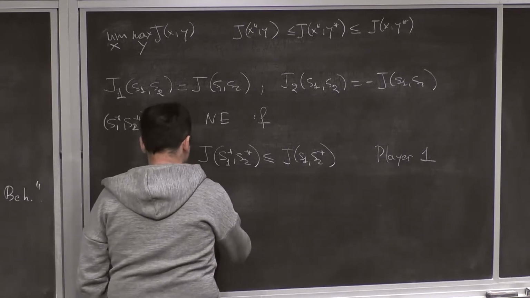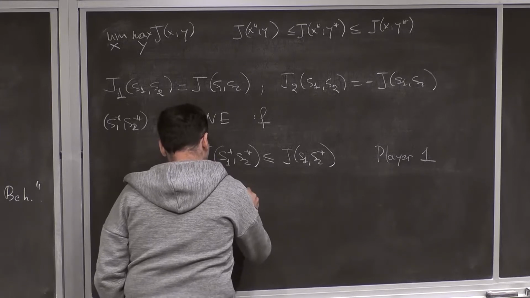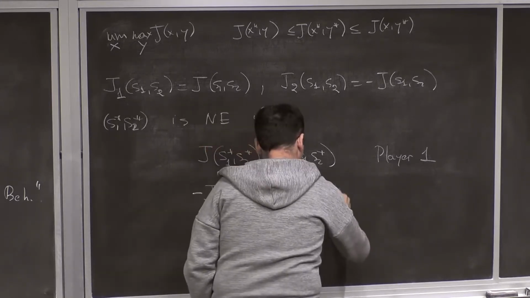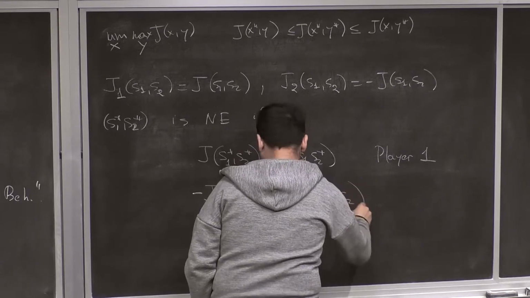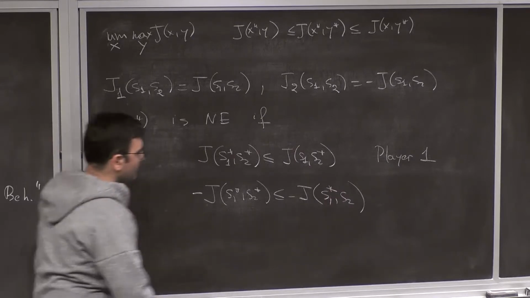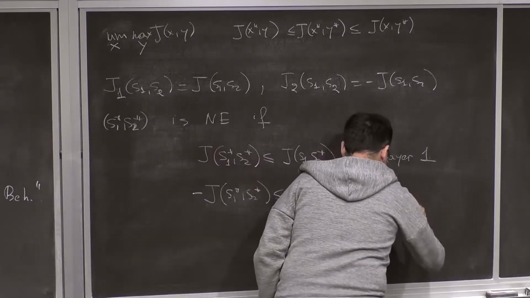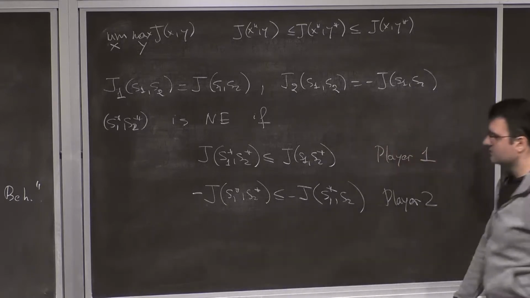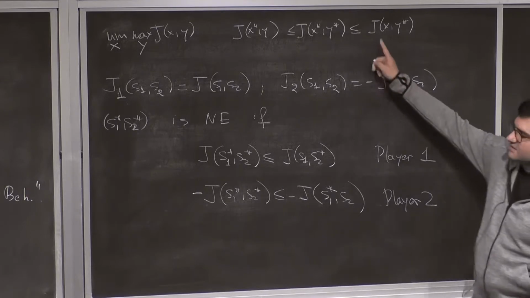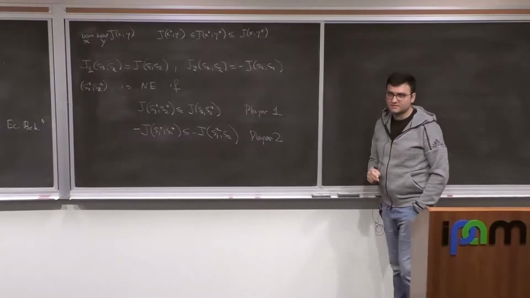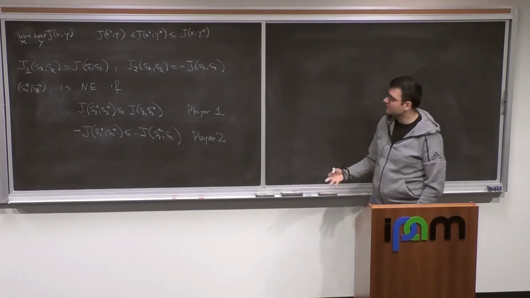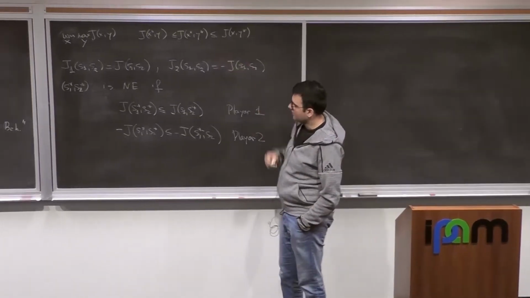And for player 2, it's this inequality. Okay? And you see that these two inequalities are exactly the same as the saddle point inequality. So Nash equilibrium, in fact, generalizes the saddle point problems.